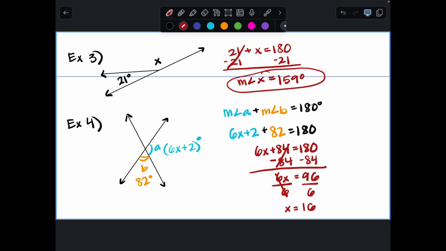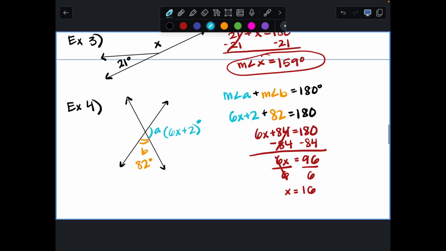Now, what if I ask you, what is the measure of angle A? Now that we know x, we can substitute it into 6x plus 2. So 6 times 16 plus 2, which is 98. So the measure of angle A is 98 degrees.